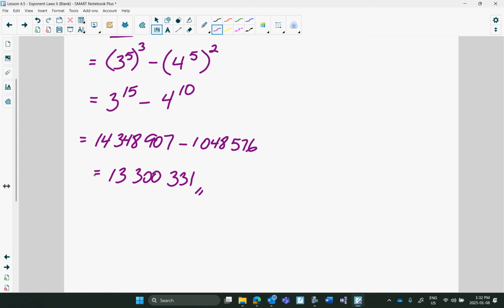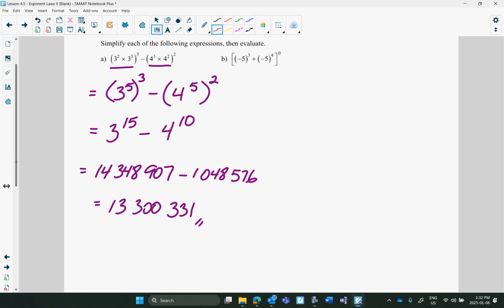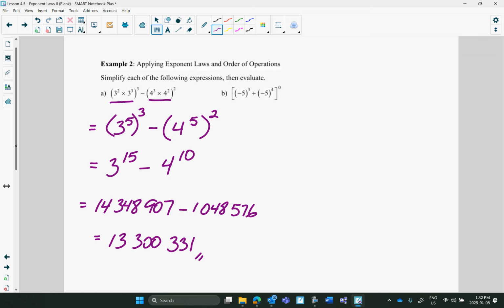When you raise anything to the 0, what's the answer? 1. So you don't even have to do what's inside here, because we're taking whatever this answer is and raising it to the 0. So this tells us the answer has to be 1, no matter what this works out to.